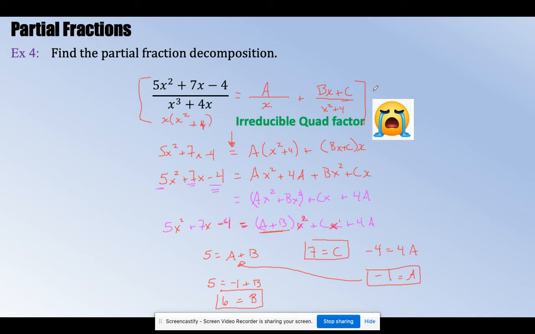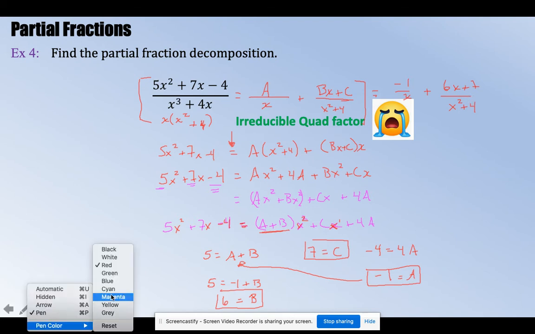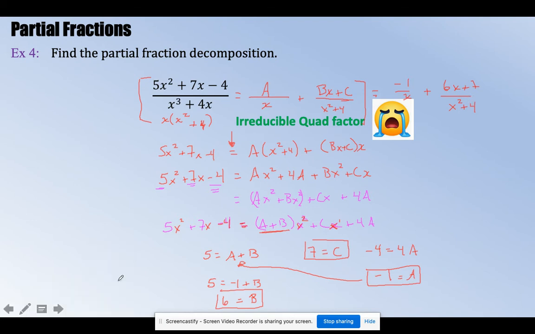So what's my final answer? -1 over x plus 6x plus 7 over x squared plus 4. What if you don't believe me? You can check your work by taking these two fractions and simplifying.